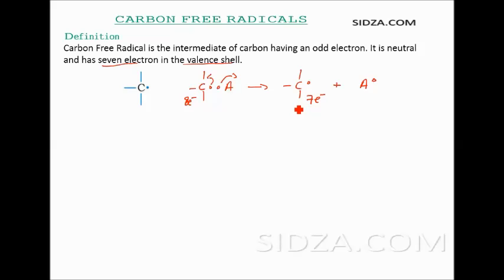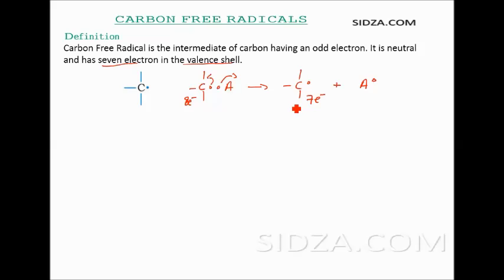It's a neutral molecule, a neutral species, and like carbocations, it's also electron deficient, right? Because it has only 7 electrons in the valence shell. So the free radical behaves, in terms of stability, almost in the same pattern as we find for the carbocations.